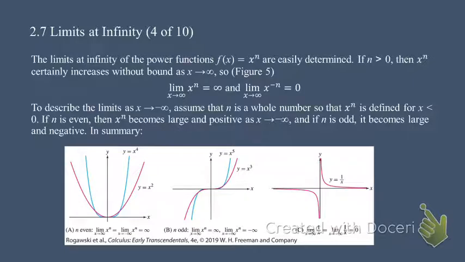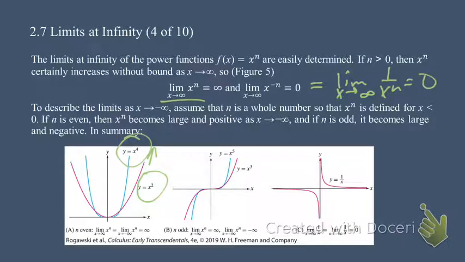Now, some functions are easy to look at. So if we look at the power function as we go to infinity, then we notice in this case, any power function as I go to positive infinity is also going to infinity. If we look at this function, which is the limit as x approaches infinity, we can rewrite that as 1 over x to the n. We see it gets closer to 0.